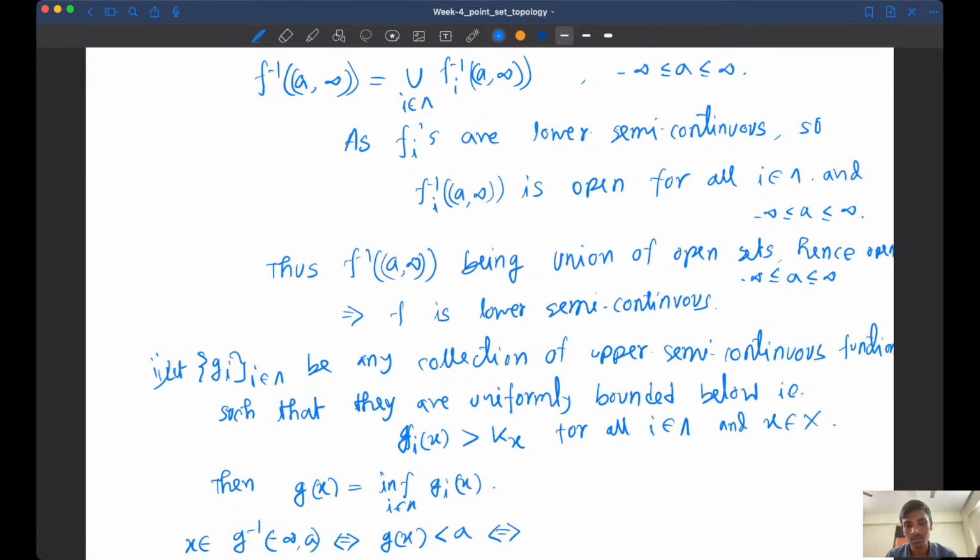That means there exists some i belonging to lambda such that g_i(x) is less than a, since for a to be a lower bound we would need g_i(x) greater than it for all i. That is, x belongs to g_i inverse of (minus infinity, a) for some i belonging to the indexing set lambda.